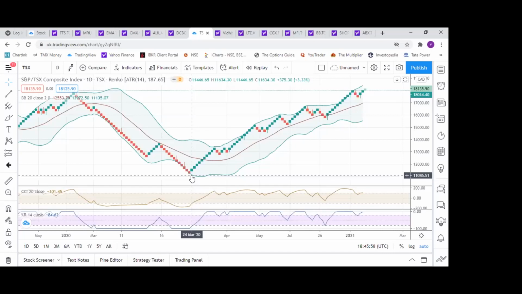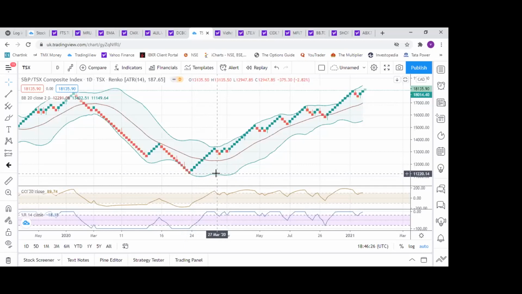I enter at high, which is also the close. So I entered at the last minute on 24th of March at 11,634. Right? I go all the way up to here, which is 26th of March. I entered on 24th of March, 26th of March, 2 days.